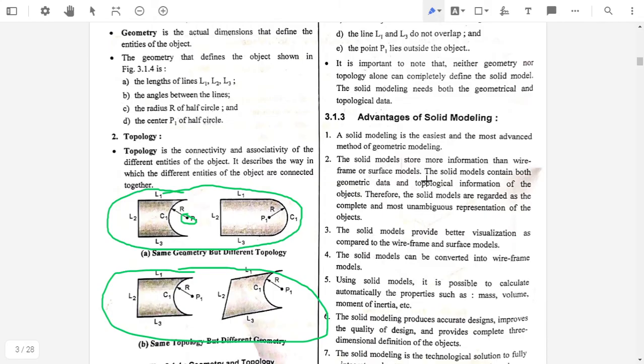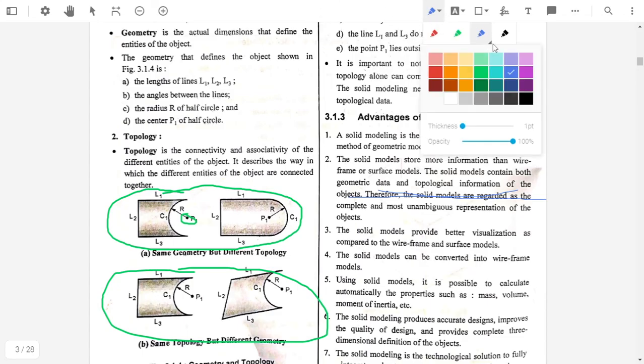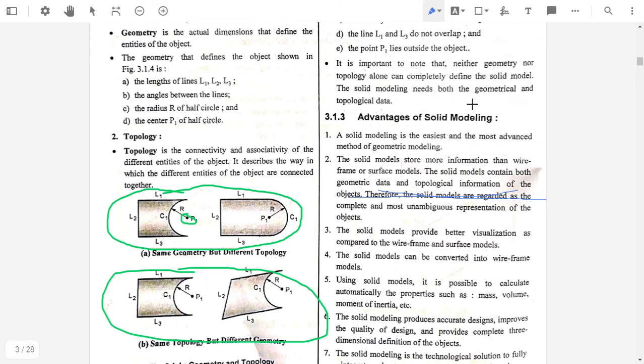The solid model contains both the geometrical and topological information of the object. Therefore, solid modeling gives a complete and most unambiguous representation of the object. That's why it is easily used for manufacturing purposes, and so it is one main advantage of solid modeling.